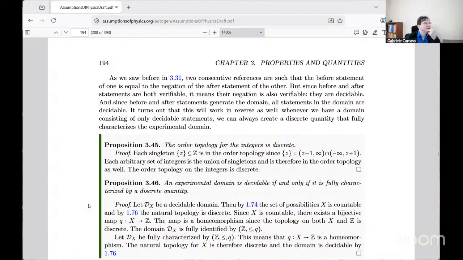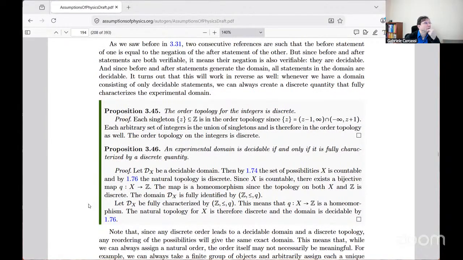So this is something that is kind of important. The order topology of the integers is discrete because each singleton, like if you take a value z, then you can say the element is less than z plus 1, and the element is greater than z minus 1. And that's exactly that element.